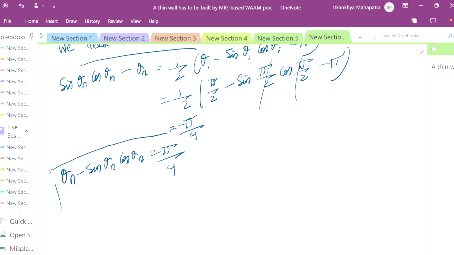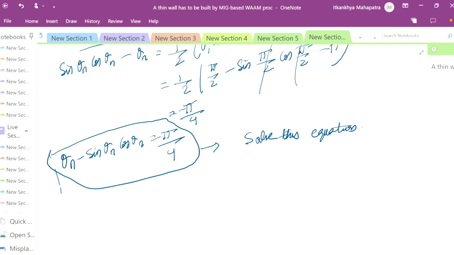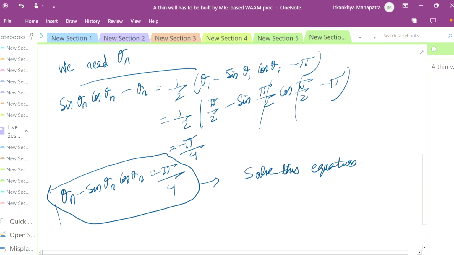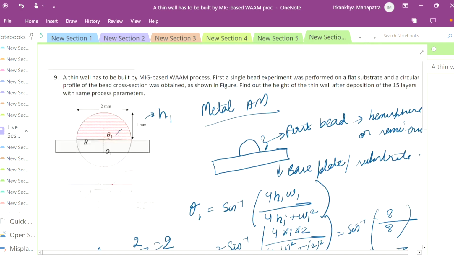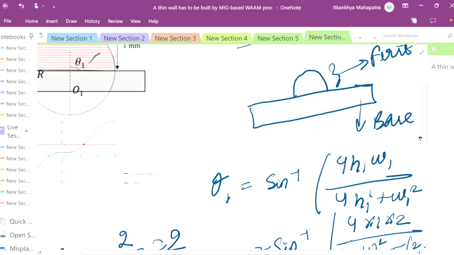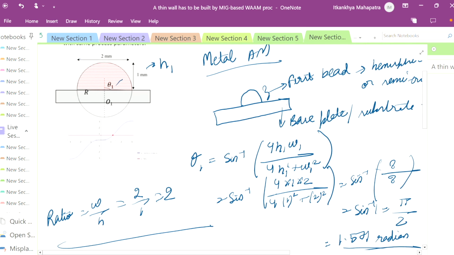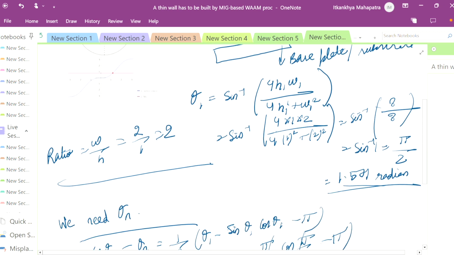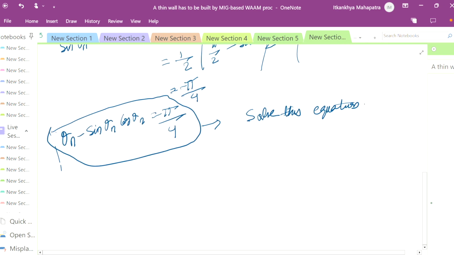Now the question is how we solve this equation. From the graph, we see x is equal to sin x cos x. So we can relate it as x minus sine 2x by 2 equal to pi by 4.